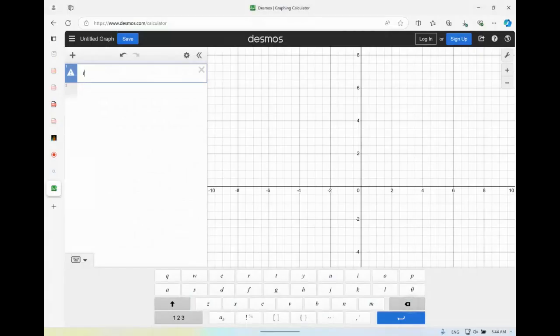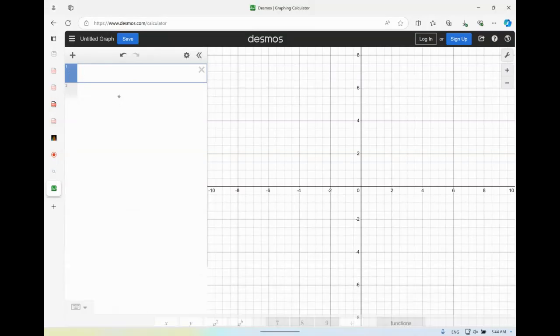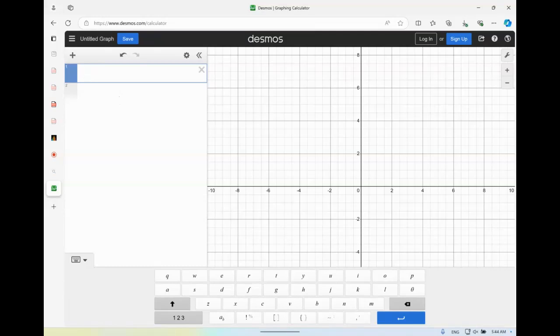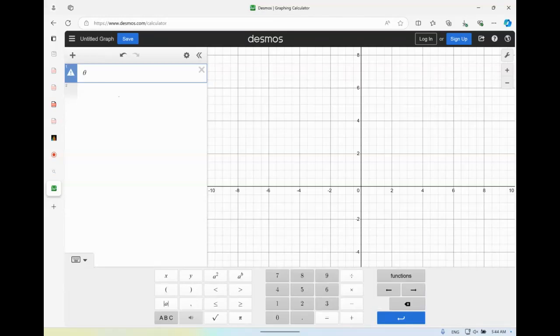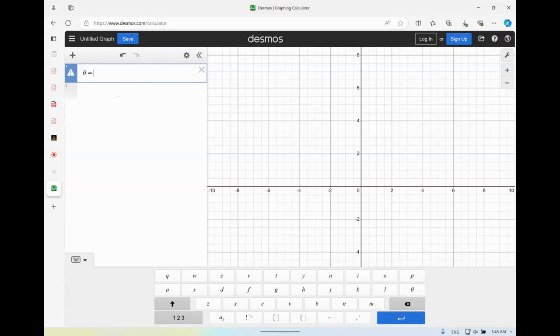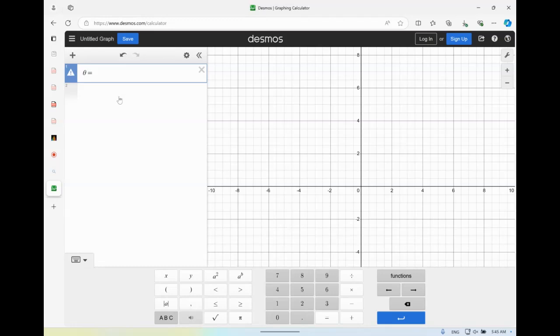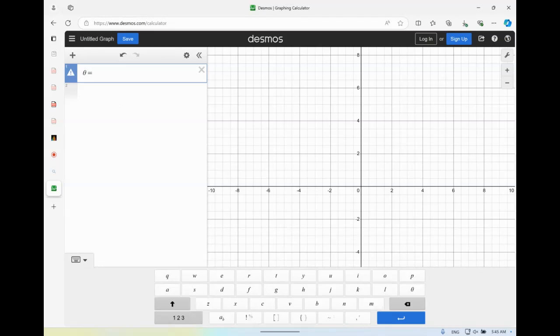If I say here theta is equal to pi over 3.